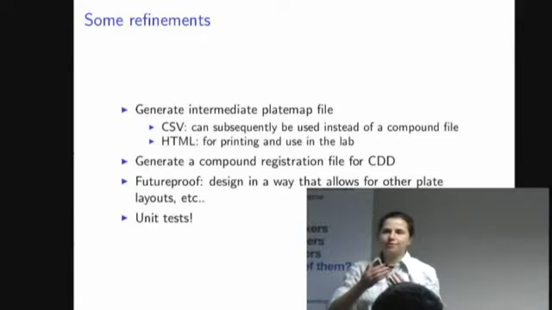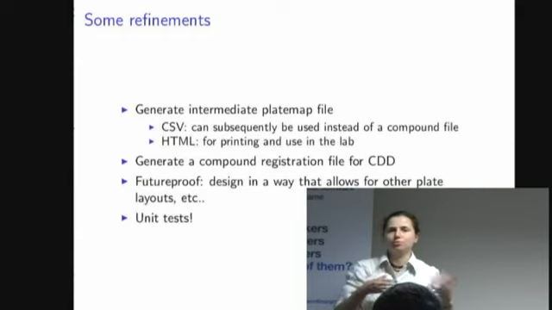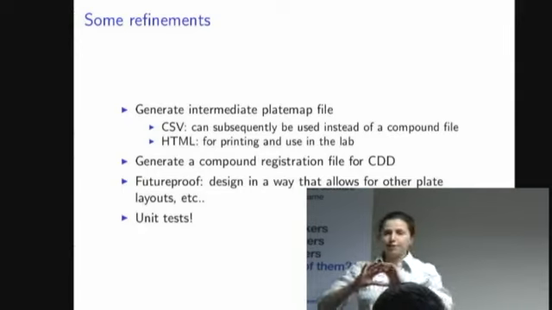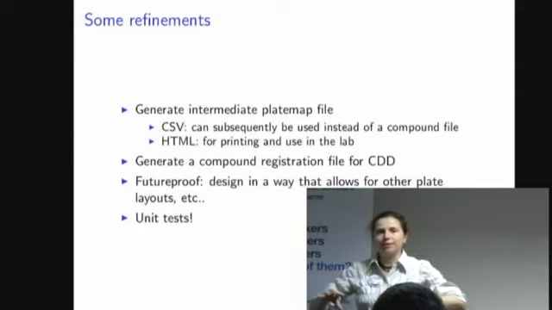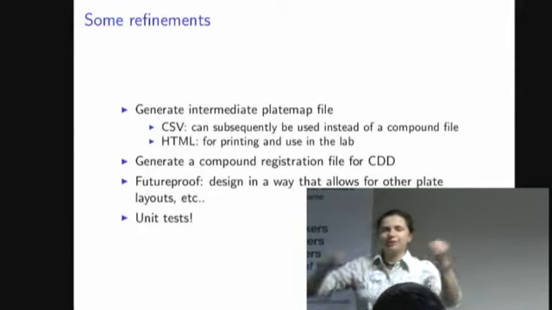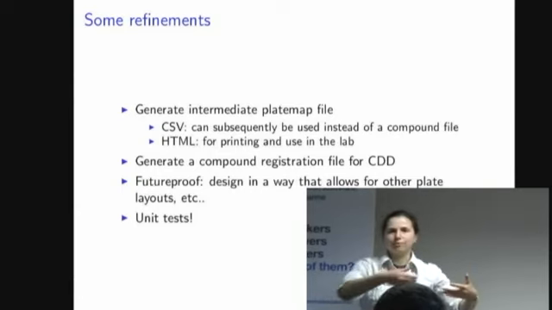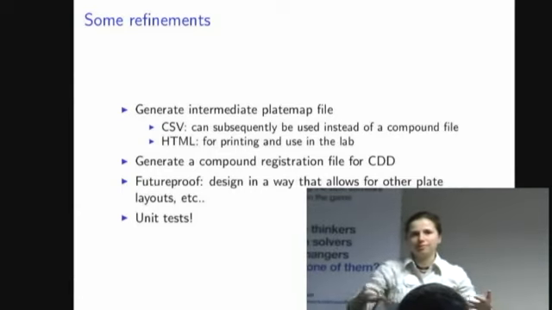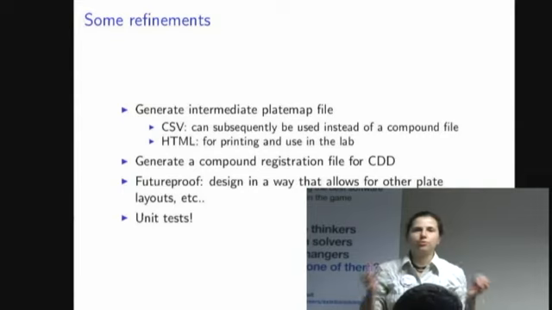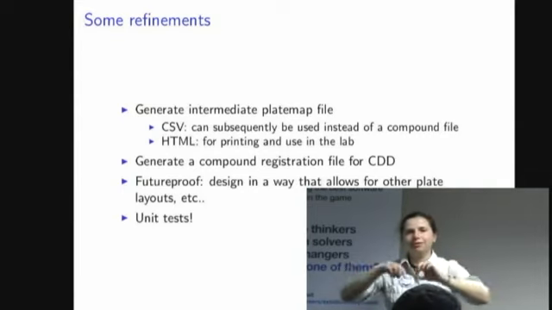So the researcher can generate that plate map file once and then use that later instead of the compounds. It means that in theory, you can use a completely generic layout if you want to, just by providing your own plate map file. The script also generates an HTML version of that metadata layout, so that the researcher can print that out and take it to the lab and use it as a reference for using the plate reader. Because previously she just used a handwritten grid on a piece of paper.